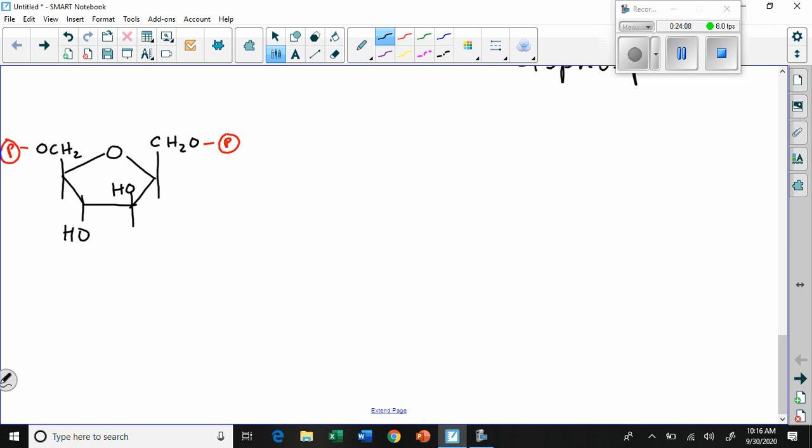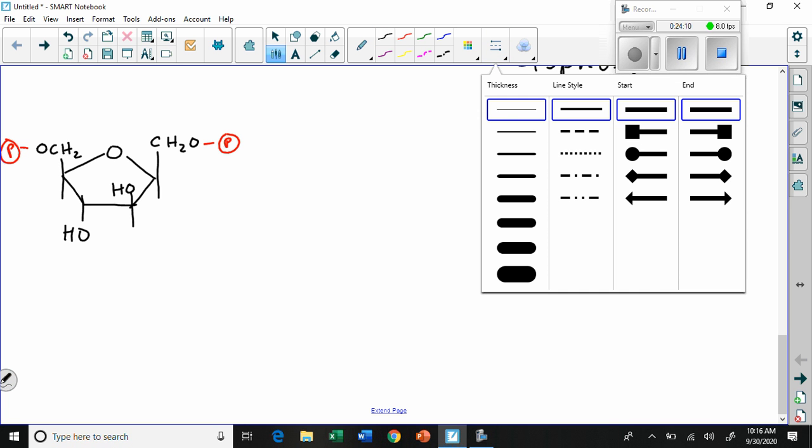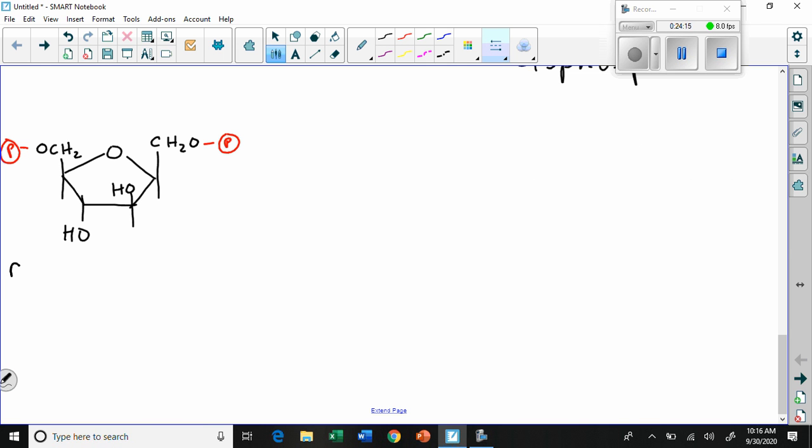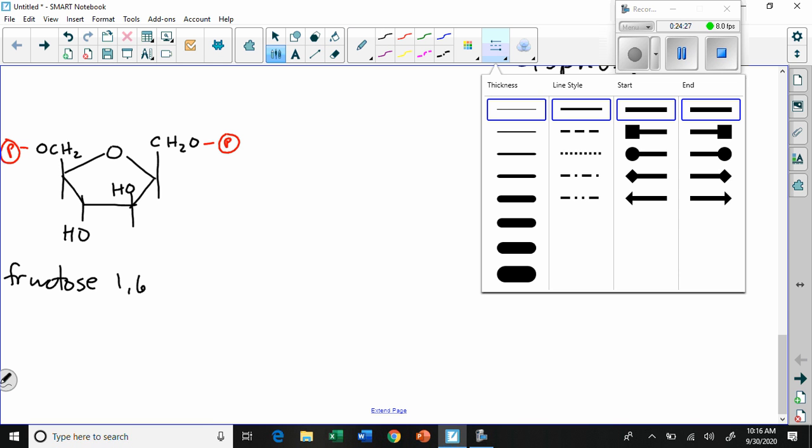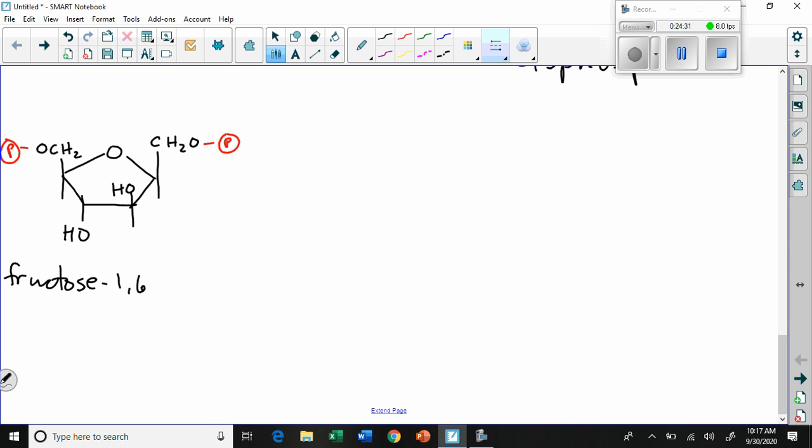And that's called fructose 1,6 bisphosphate. So we'll write it in, fructose, oops, I should put a dash there. Better erase that. Try not to go too fast. Fructose dash 1,6 dash bisphosphate.